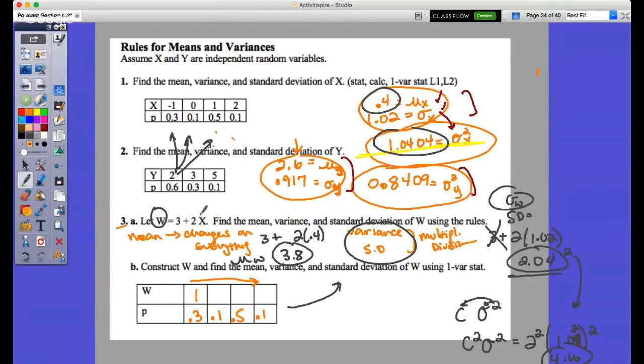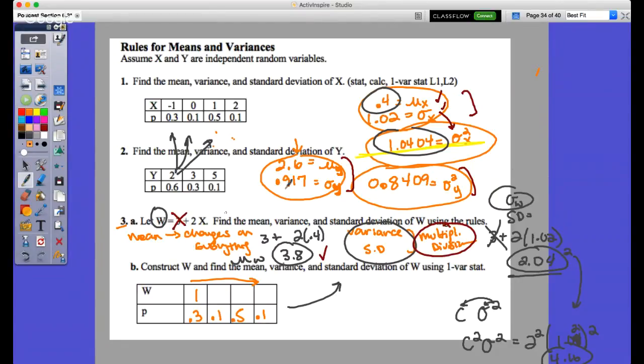All right, here's where I went. Whatever I do, 3 plus 2x is what I was saying from what's up here. Whatever I plug in for mean will affect it. So 2 times the mean, 0.4 is 0.8, plus 3 is 3.8. For the variance and standard deviation, only multiplication and division affect it.